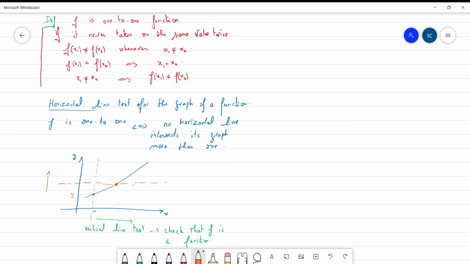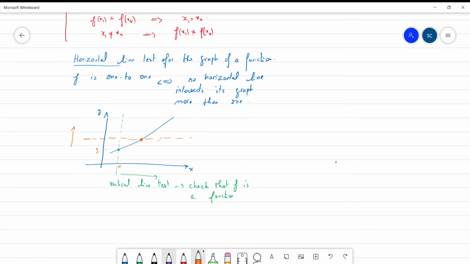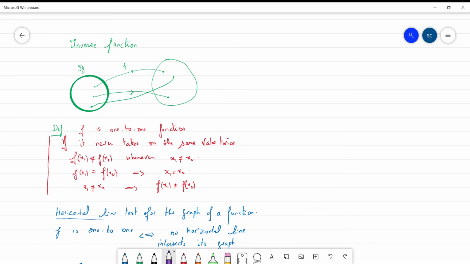Now there is some notation we need to know. Because we have this correspondence, if we keep only the range of f, the images, then I am able to define a new function starting from these values to the domain.